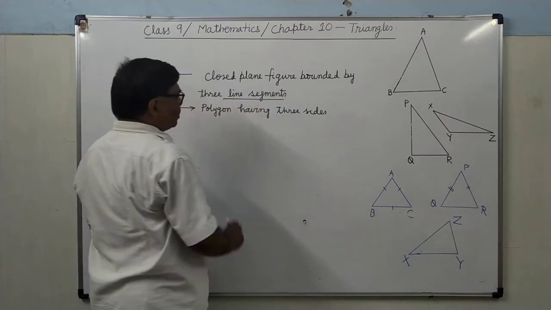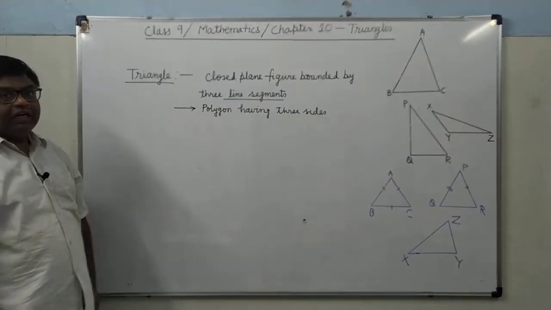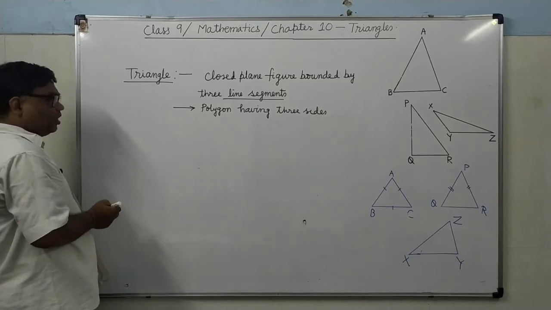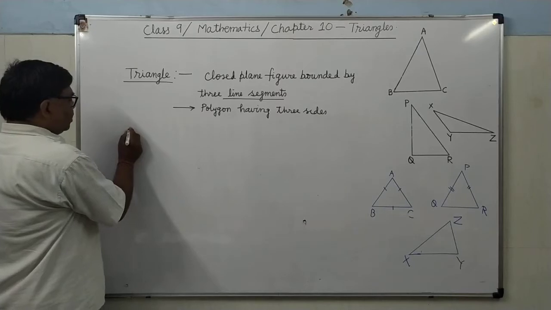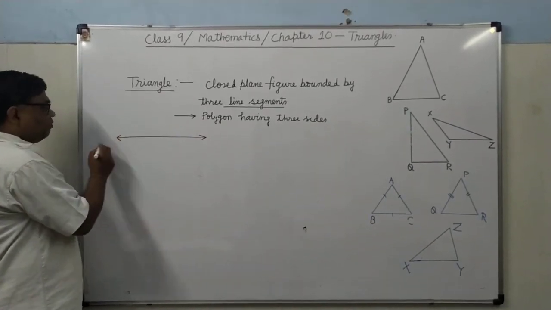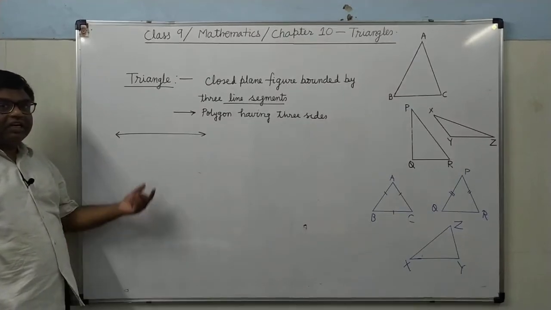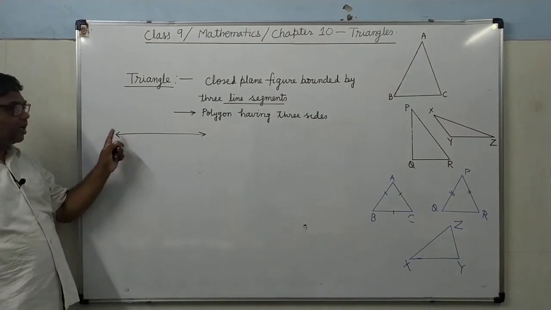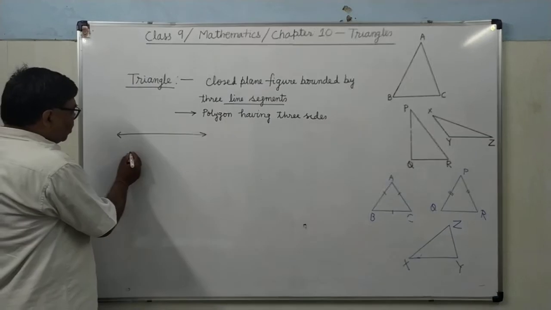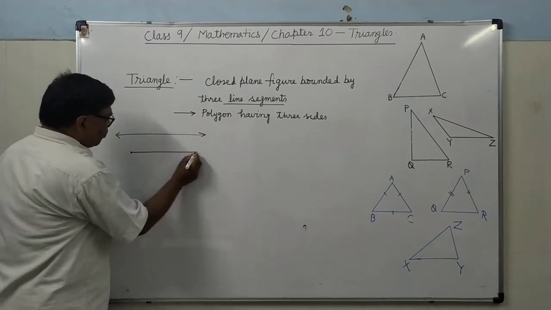A line segment has a definite length. Its end points are fixed. What is the difference between a line, a ray and a line segment? See here, this is a line which does not have any fixed point. Its length is not definite because the end points are not fixed. In a ray, one point is fixed while the other point is not fixed.